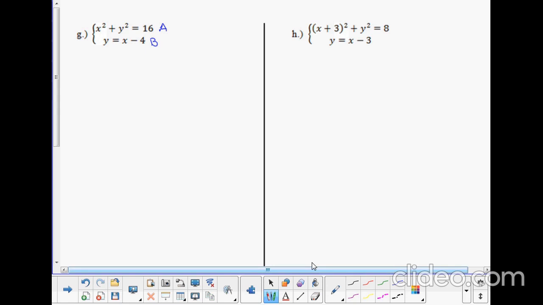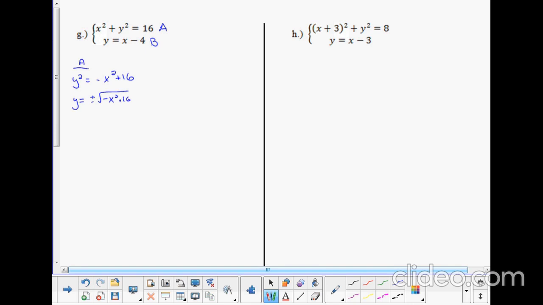Now I am going to want to graph, so let me restructure A as well so that I get y by itself. So if I'm going to rewrite A, I would subtract x squared from both sides, so y squared equals negative x squared plus 16, and then square root both sides, so y equals plus or minus the square root of negative x squared plus 16.